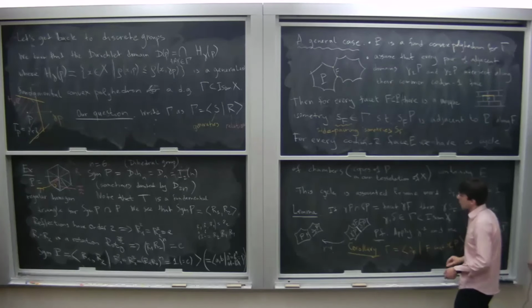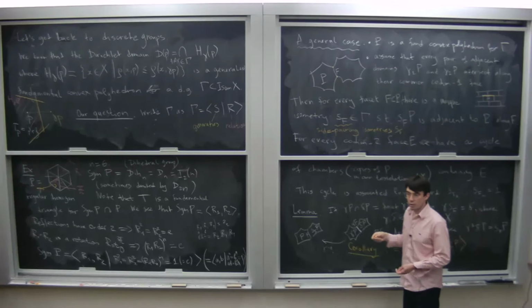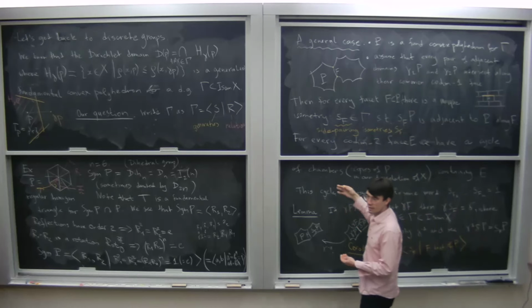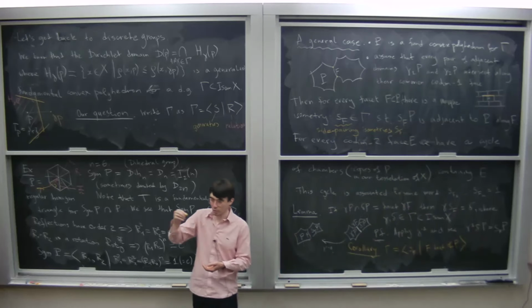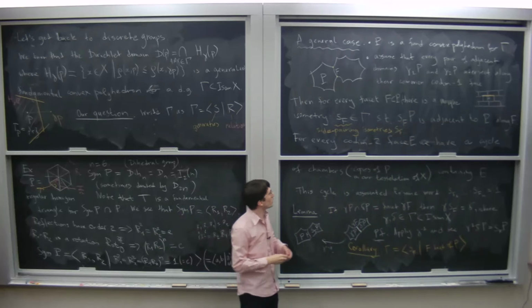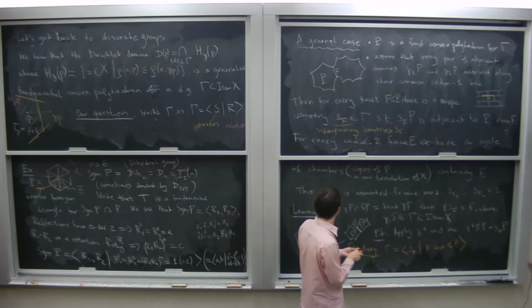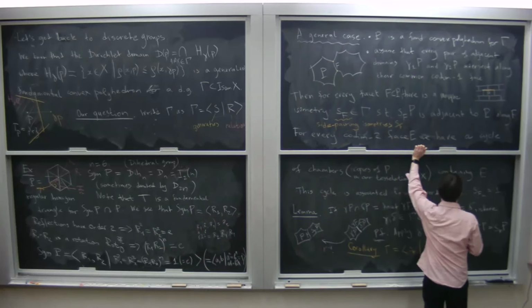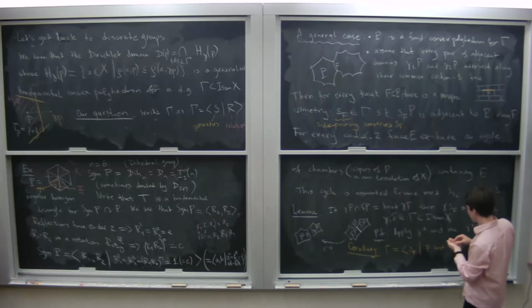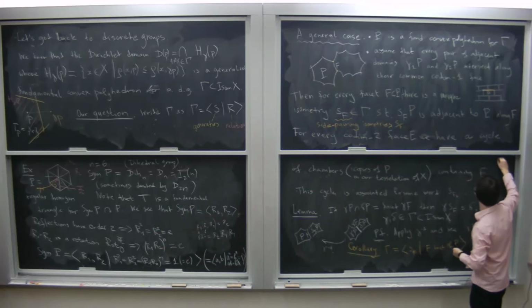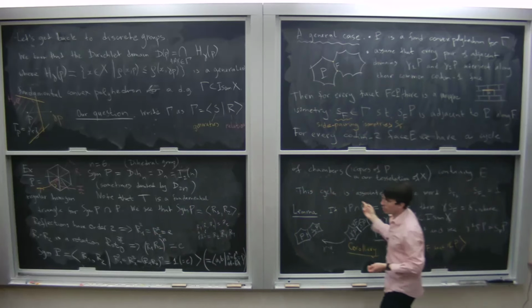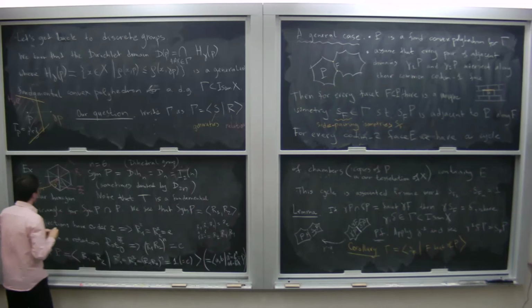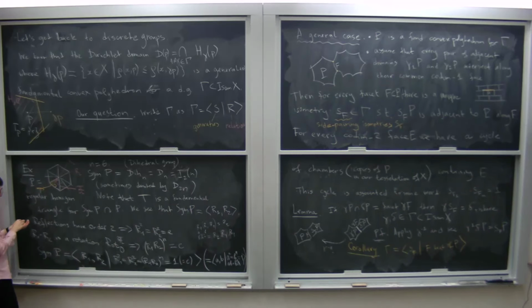And then look, getting back to the cycle, we know that every chamber in this cycle is also some word. Let me try to draw a picture somewhere here. This triangle is R1 of T, right?